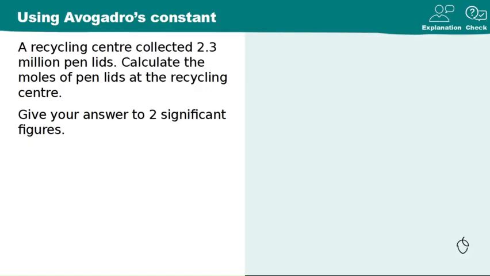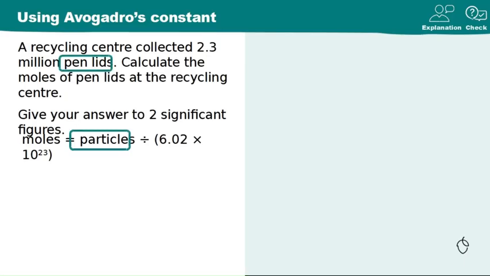Okay, so for example, a recycling center collected 2.3 million pen lids. Calculate the moles of pen lids at the recycling center. Give your answer to 2 significant figures. So moles is equal to the particle number divided by Avogadro's constant.